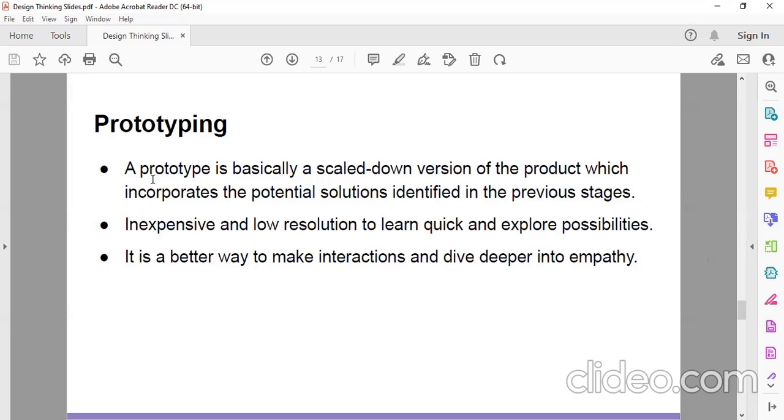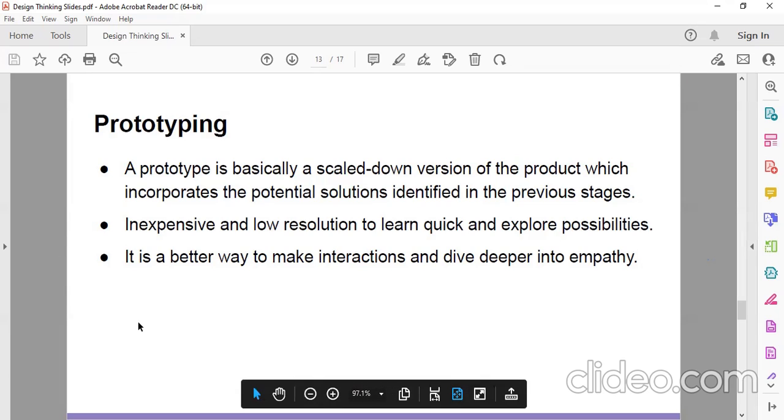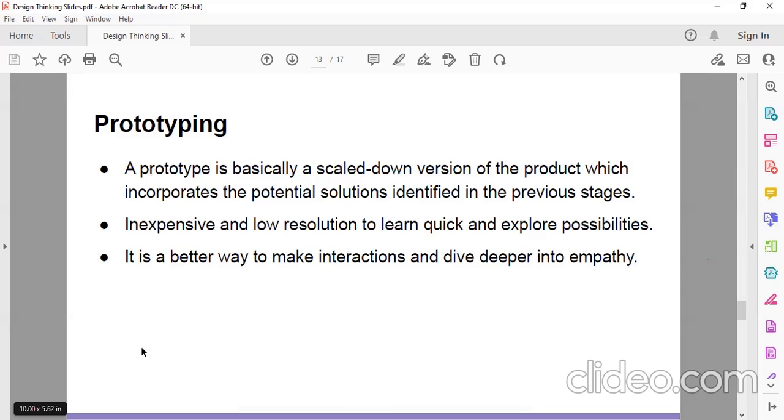This means when you create a prototype, it can be a sketch, a low fidelity prototype, or a high fidelity prototype, whatever it is. Even a sketch you did using your pen and pencil can be considered a prototype. Starting from that sketch to the high fidelity prototype, you can try them with your users.